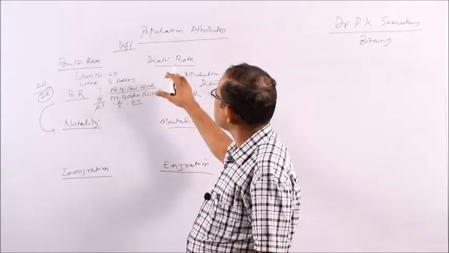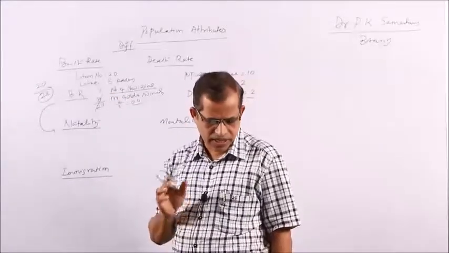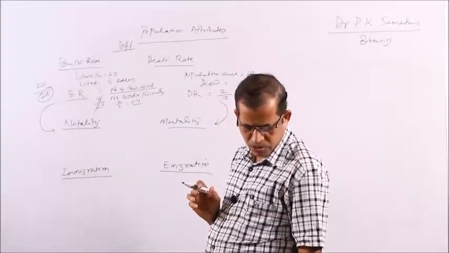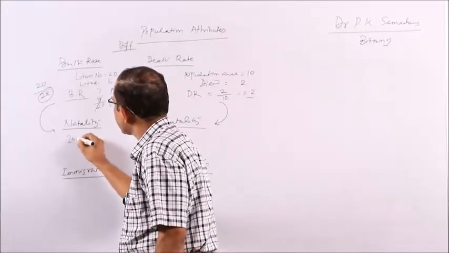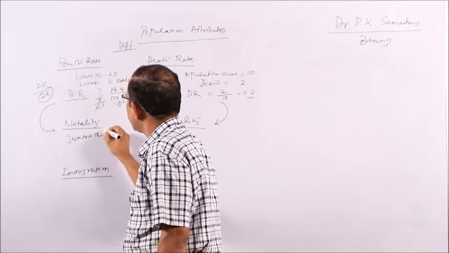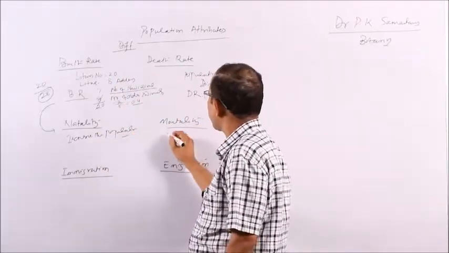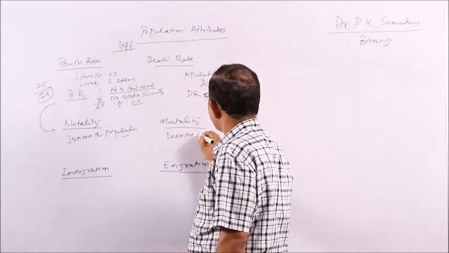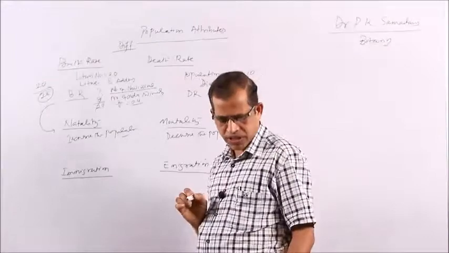So natality and mortality are related to birth and death. Natality increases the population, but by mortality the population decreases. Due to death there will be a decrease in the population.